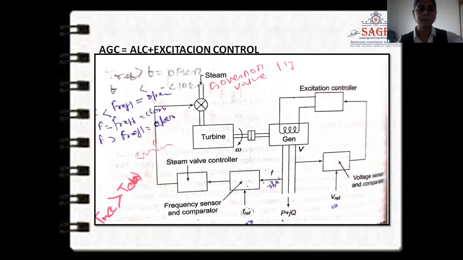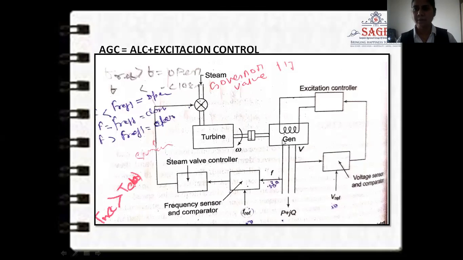Now, in this diagram, you can see on the left hand side one system and here the second system. Firstly, we will discuss the turbine, generator, frequency and this frequency sensor.